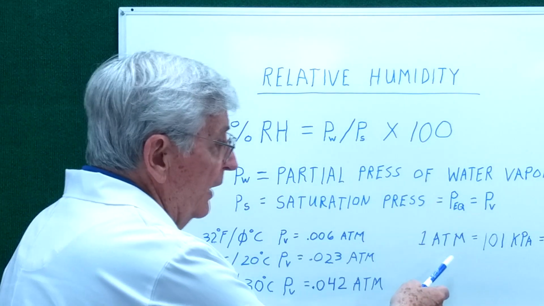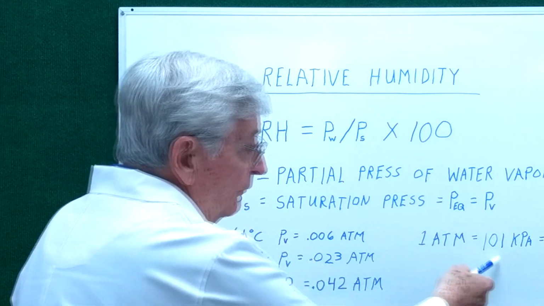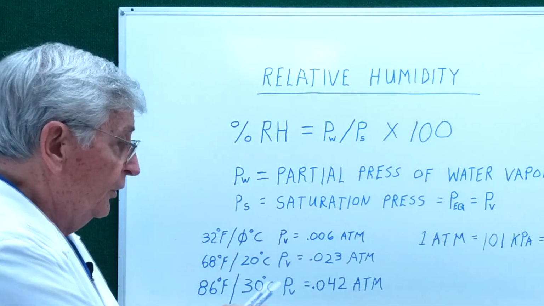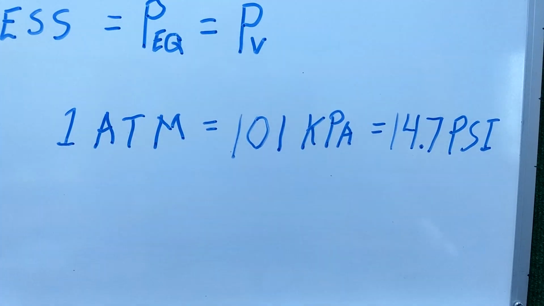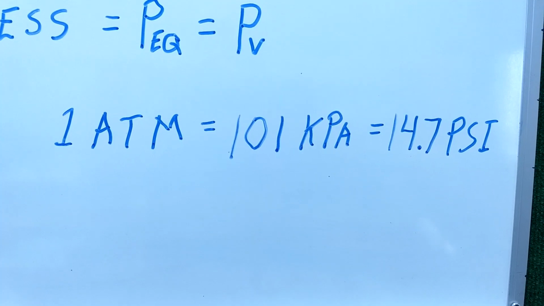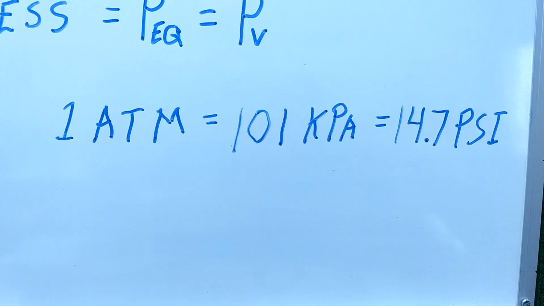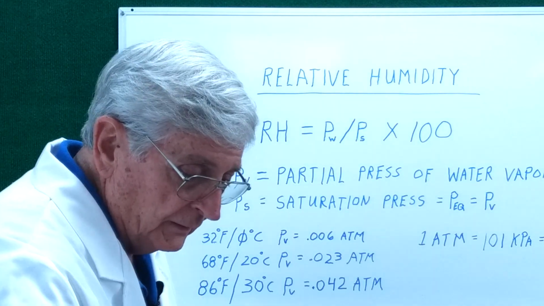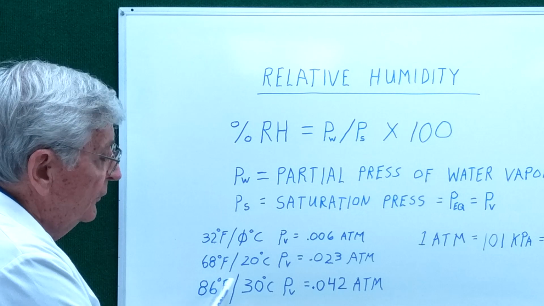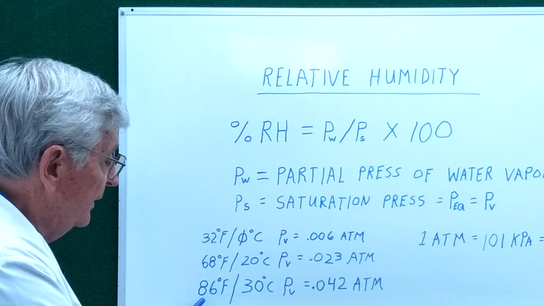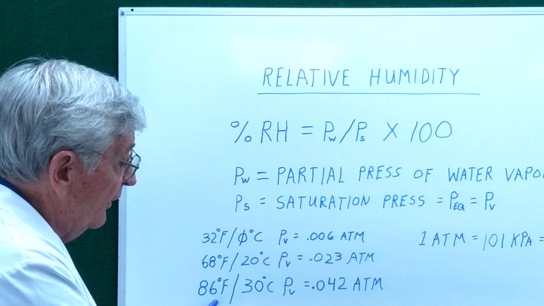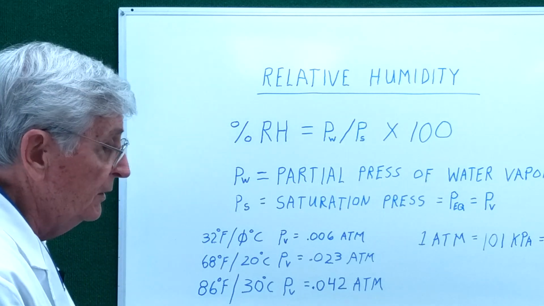And I've added some conversion factors if you're not familiar with a standard atmosphere. And I've also changed this last entry here to be at 86 degrees Fahrenheit or 30 degrees C.